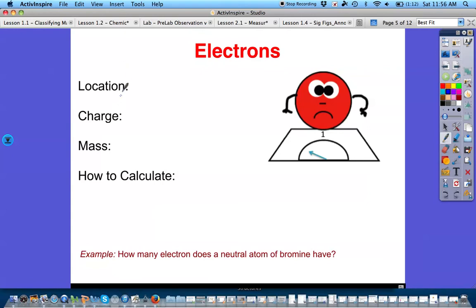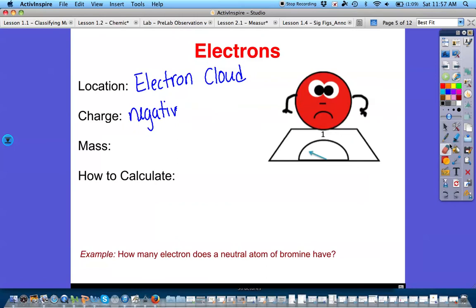Electrons: the location is in the electron cloud. The charge is negative. And the mass, they do have mass because they're matter, but it is really, really, really small.